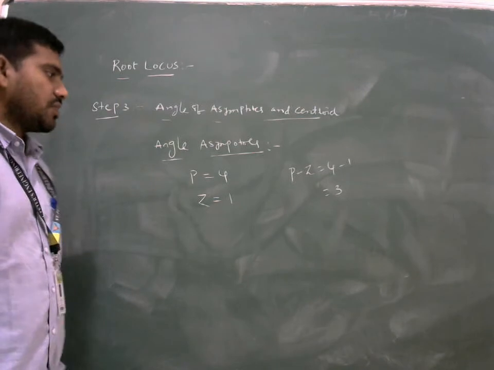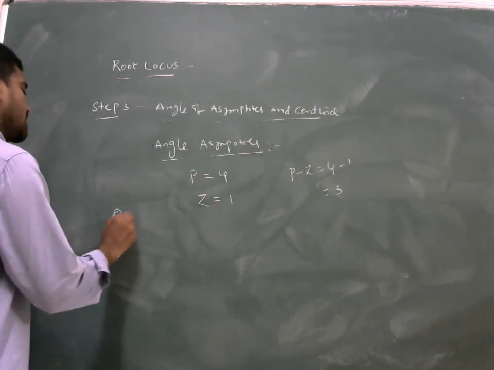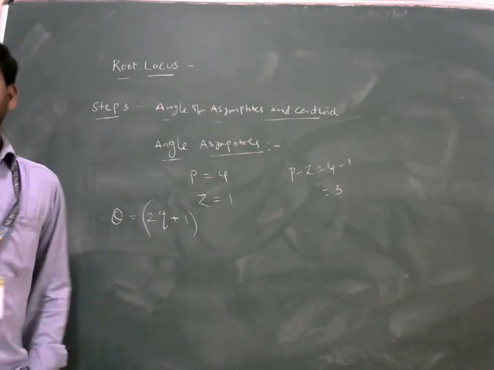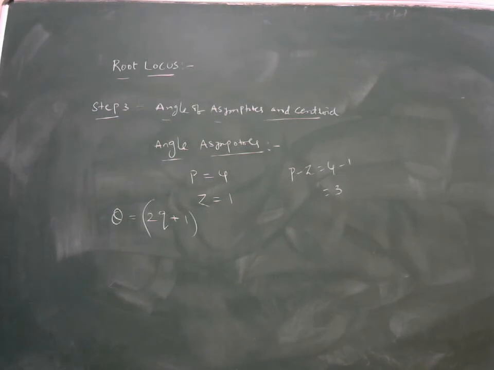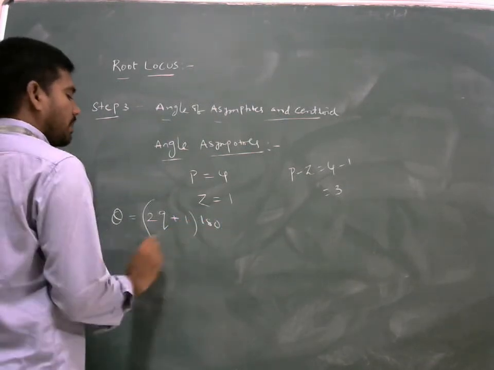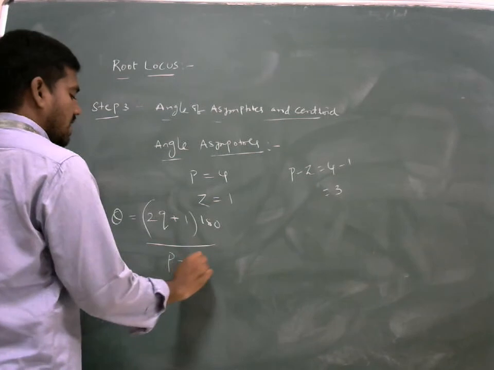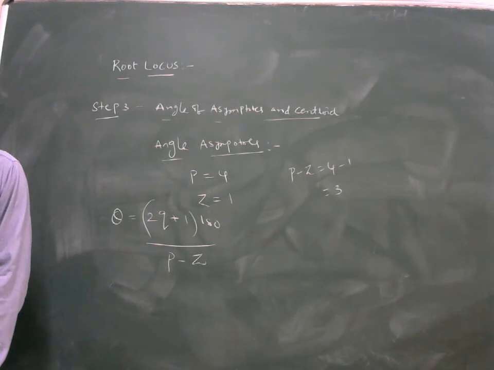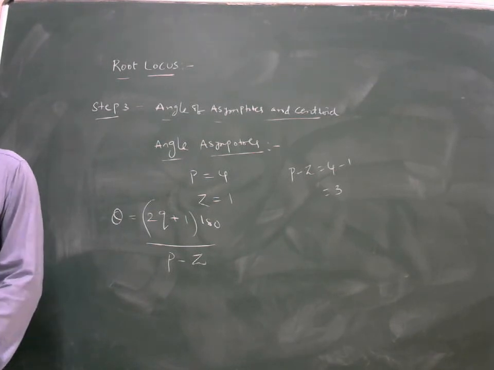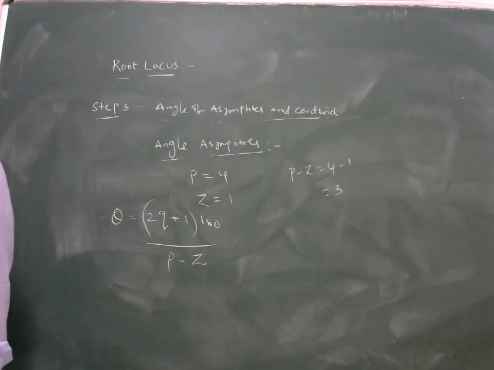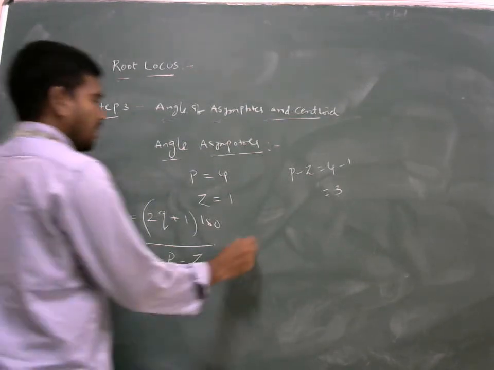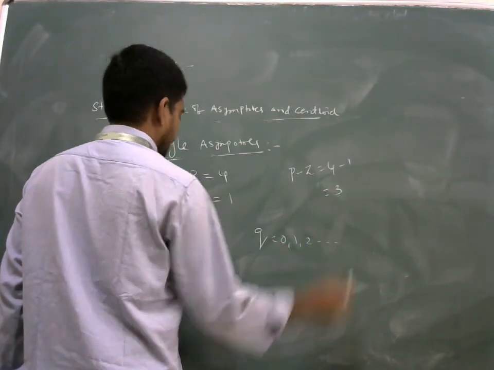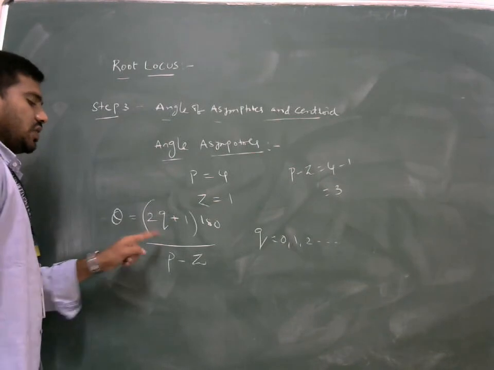There is one formula: theta is equal to (2q plus 1) into 180 divided by P minus Z, where q starts from 0, 1, 2, and so on.